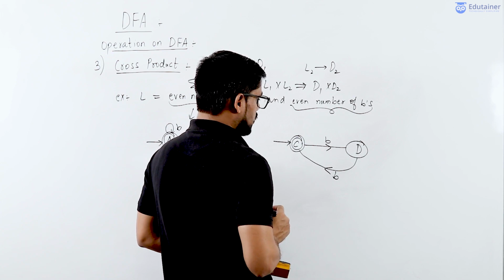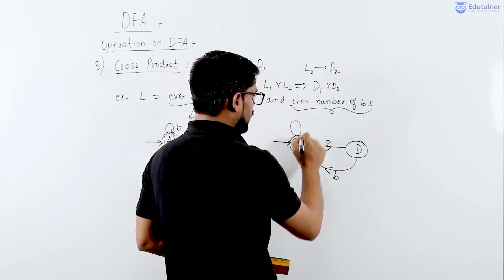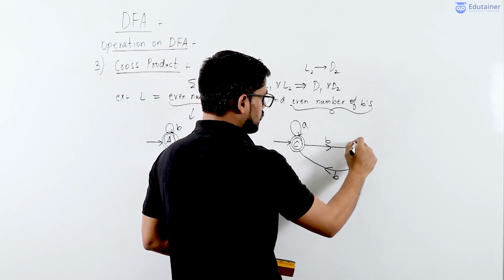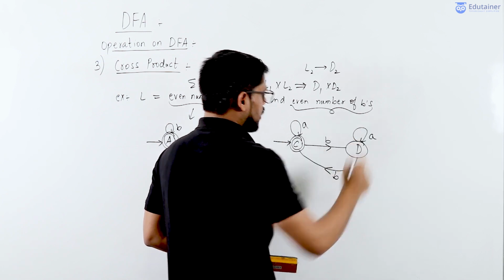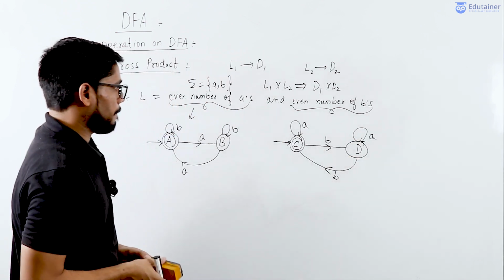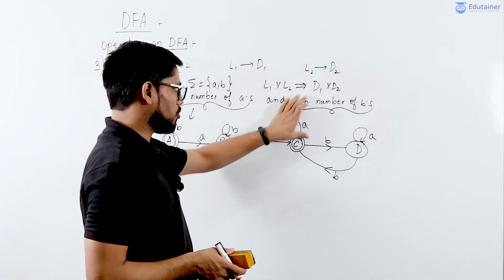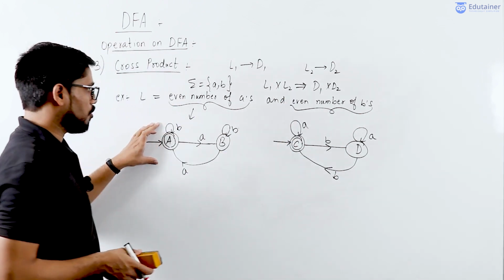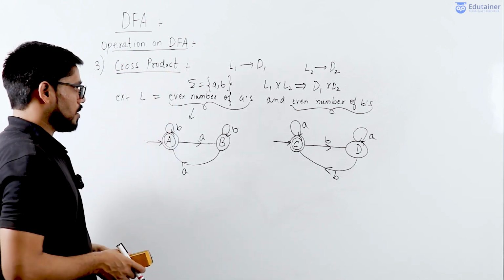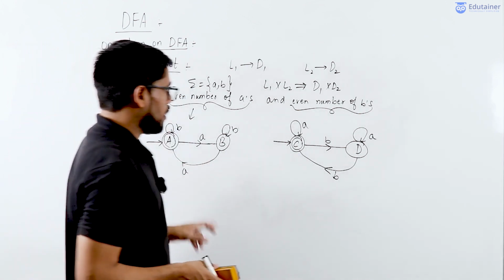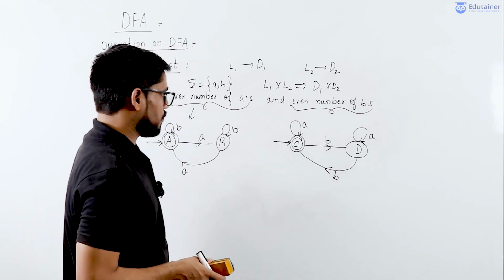So capital C is the final state, and here I can accept any number of A's, and here also I can accept any number of A's. Okay, so this is the transition diagram for even number of B's, and this is the transition diagram for even number of A's. Now what I will do is merge these two transition diagrams.